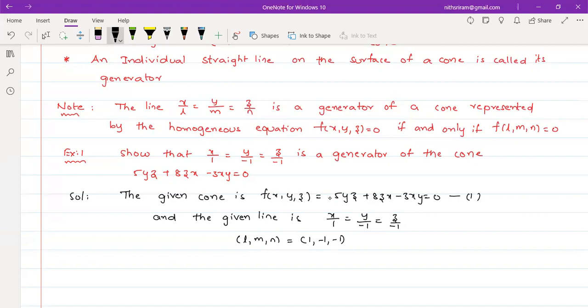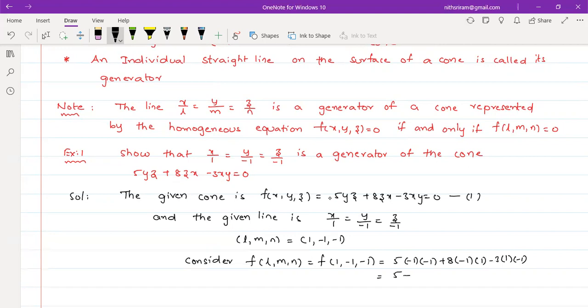That is, consider f(l, m, n), that is f(1, -1, -1). We have to substitute x, y, z values as 1, -1 and -1. Then I get 5 into -1 into -1 plus 8 into -1 into 1 minus 3 into 1 into -1.